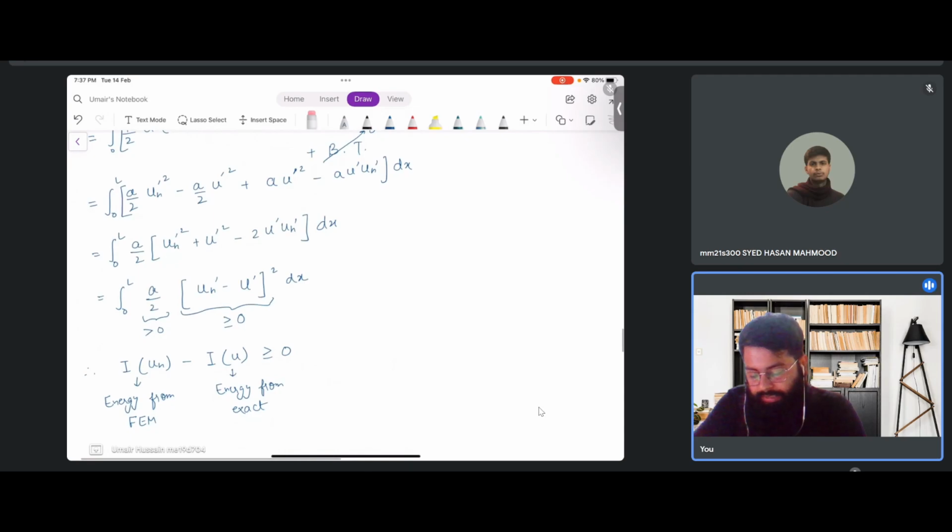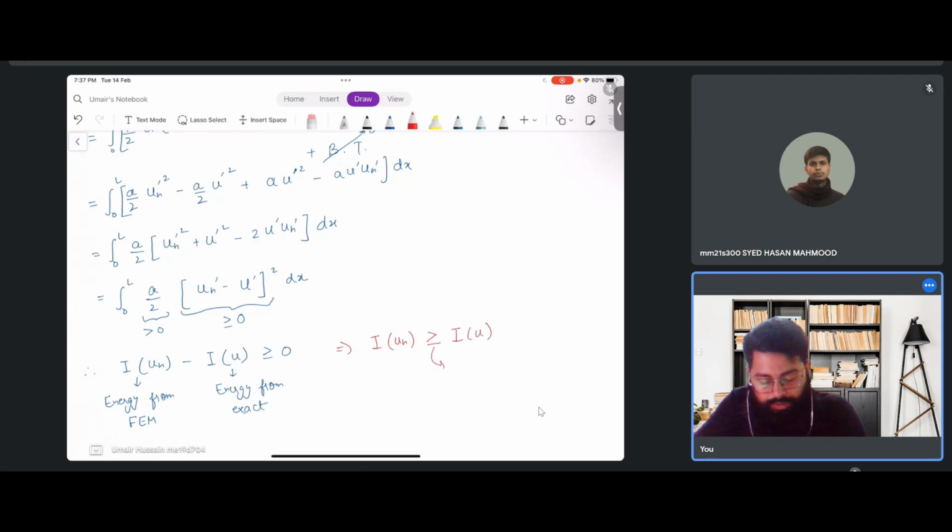So we get that the energy coming from FEM minus the energy coming from the exact solution is always positive, which means that our energy from the FEM solution is always either greater than or equal to the energy from the exact solution.